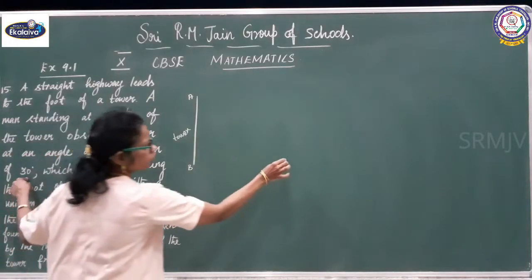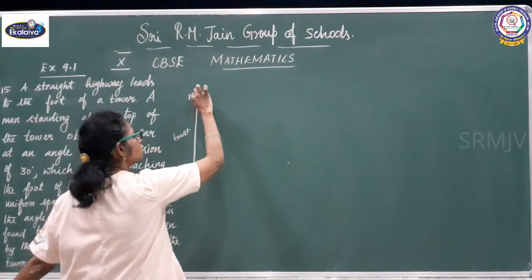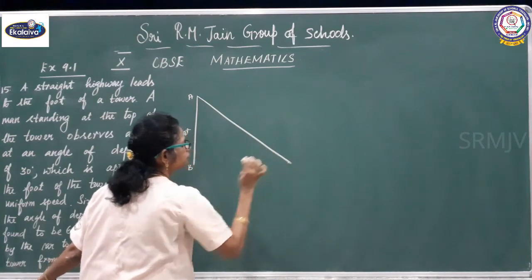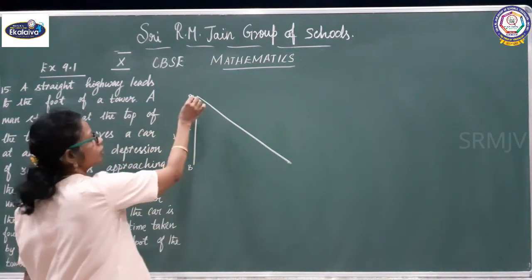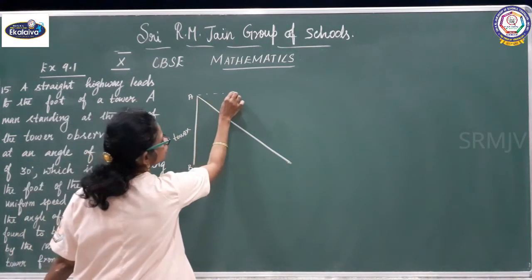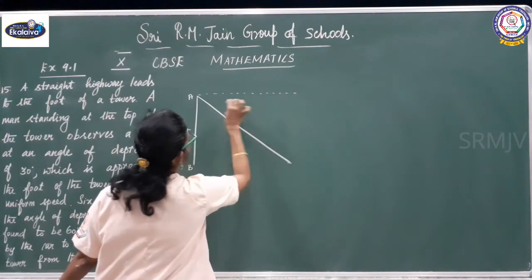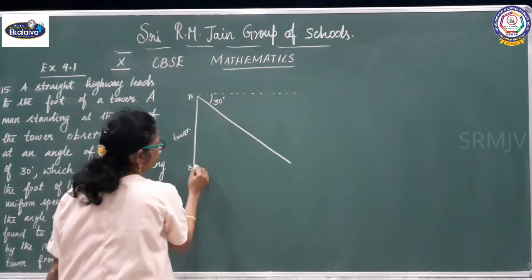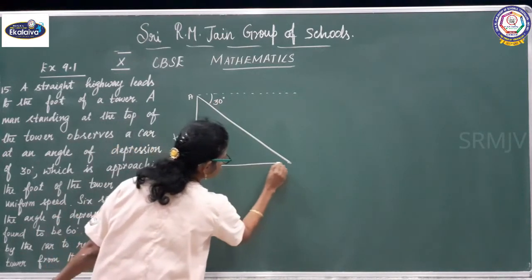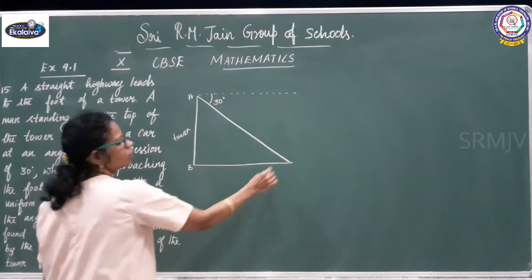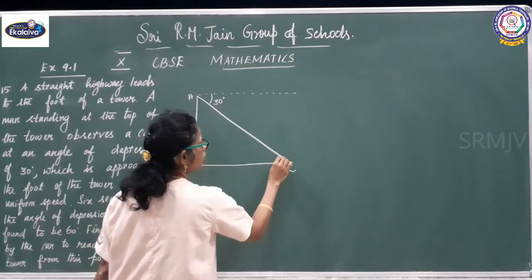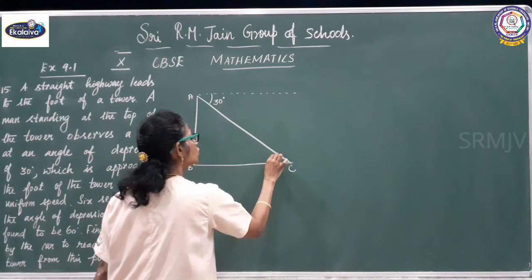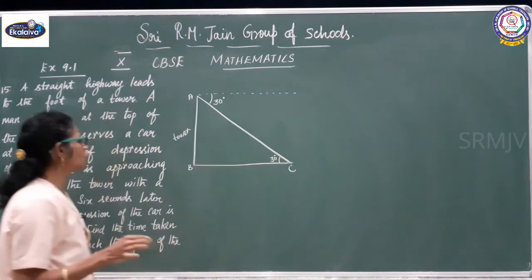That means the car is here. He is observing the car from the top of the tower. This says 30 degrees. Then you have to connect the foot of the tower to the point. That is C. This is also 30 degrees, right?